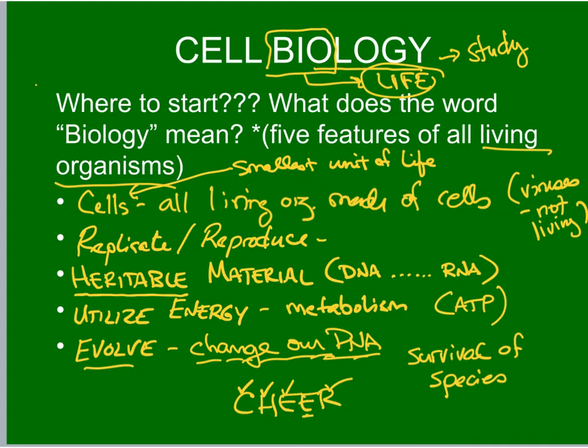And does that mean that down the road their children will be resistant? Not necessarily, but it's possible that something could happen along those lines over the course of time. Probably we're talking millions and millions of years. So those are the 5 features that all living organisms display that you need to know.